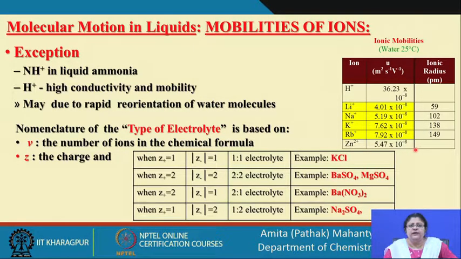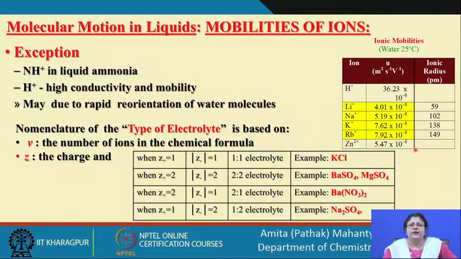When you have a species which gives rise to an electrolyte with a Z charge number, and nu is the number of ions in the chemical formula unit of that species, nu and Z decide the type of electrolyte.